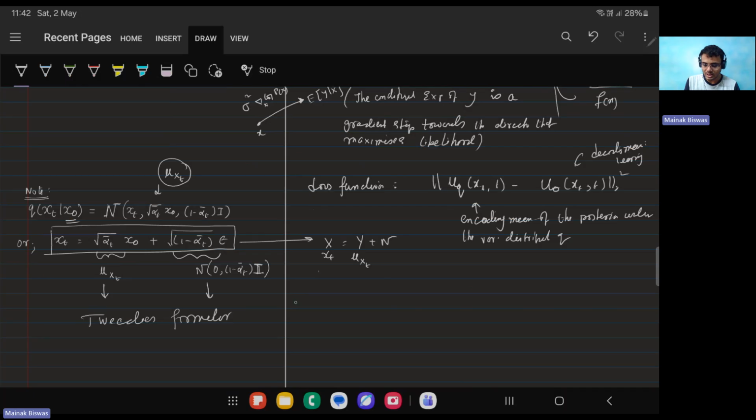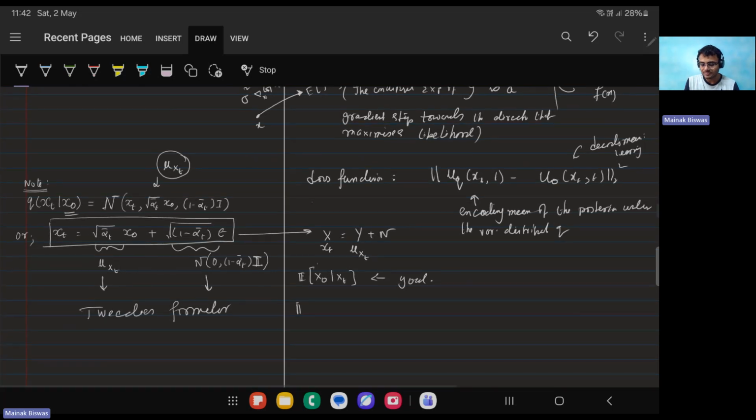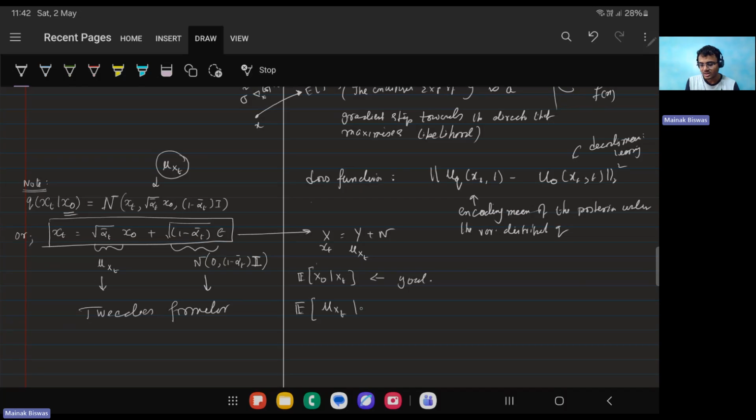So let us look at, the goal is to find this. This is the goal. But for the time being, let's look at the mean. And then we'll see the mean of this is going to give me the goal. The mean of xt plus normal 0, 1 minus alpha t bar into identity, given xt. What is this going to be?